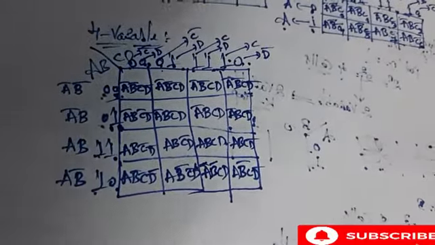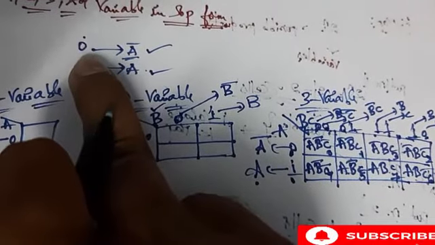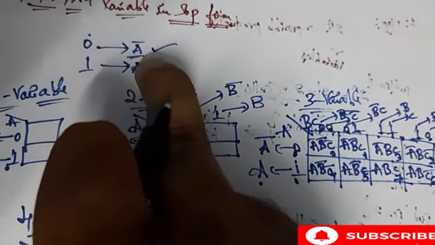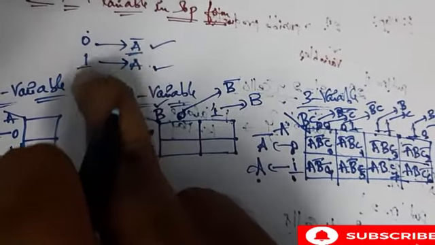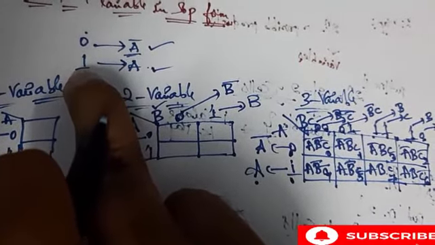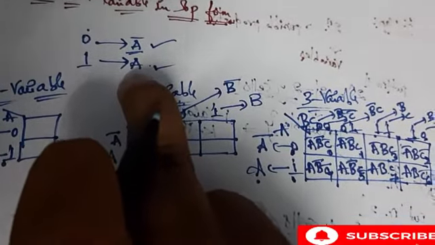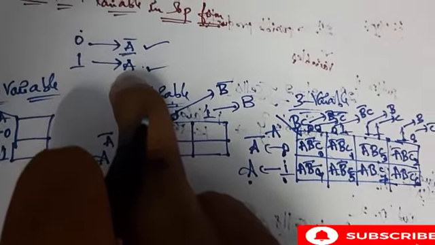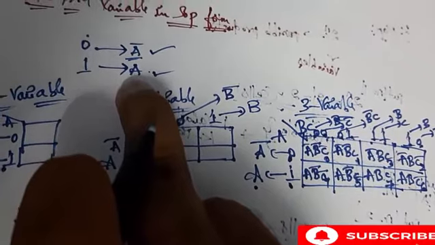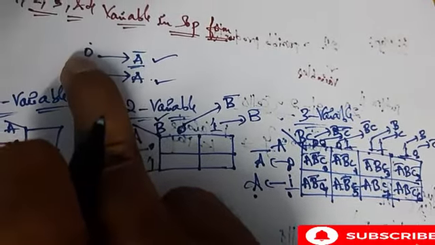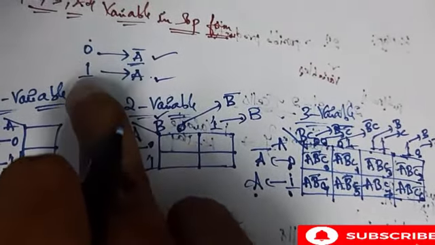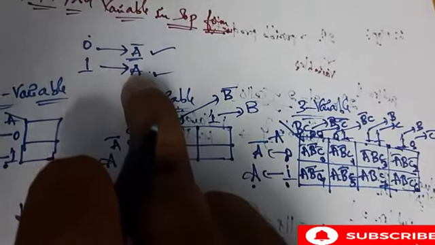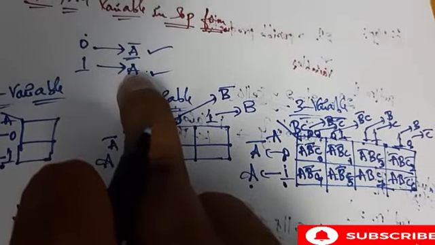That means in the POS form, if you have the 0, that means it is represented as A bar in SOP form. If you have the 1 it is represented as A. Alternately, if you represent with POS form, 0 means represented with A, 1 means represented with A bar. This will be just like a vice versa operation, right?